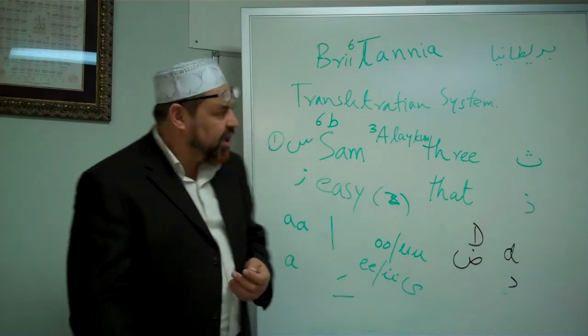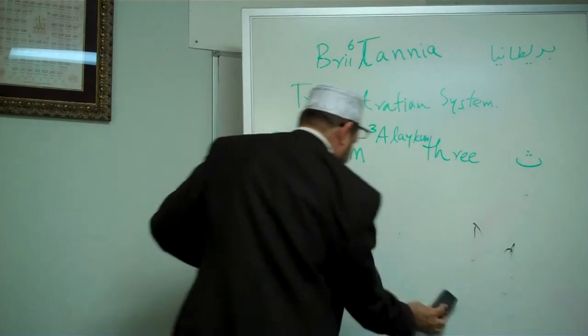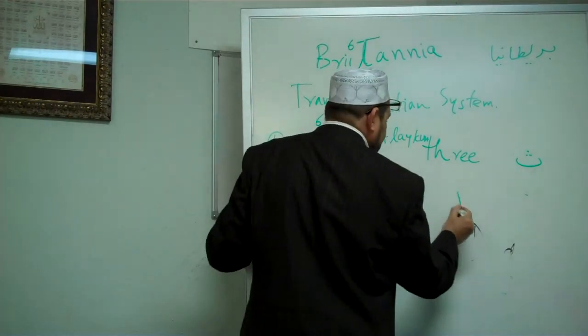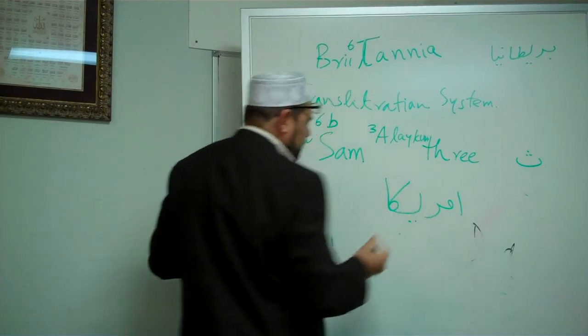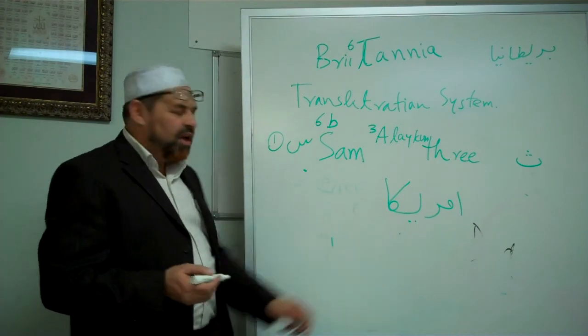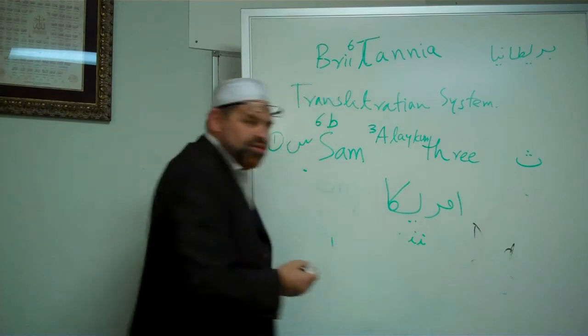Because if you write America in Arabic, it will be something like that. So we have ya as a long vowel and it will be represented by two dots over here.